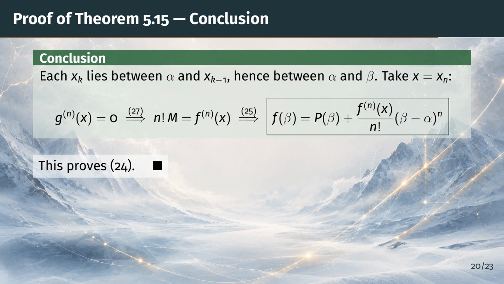That is equation 24, and the proof is complete. Notice how economical it was. One cleverly chosen auxiliary function, and the mean value theorem applied n times.